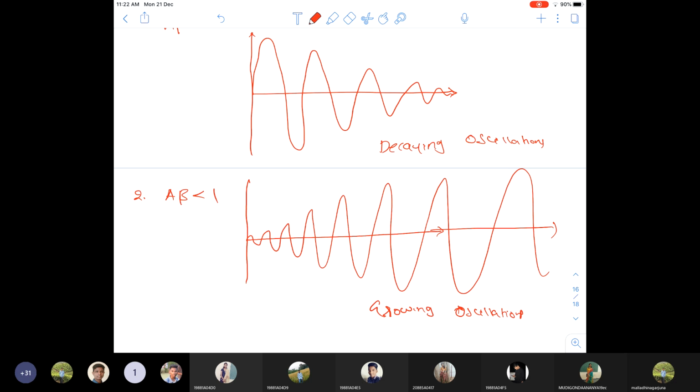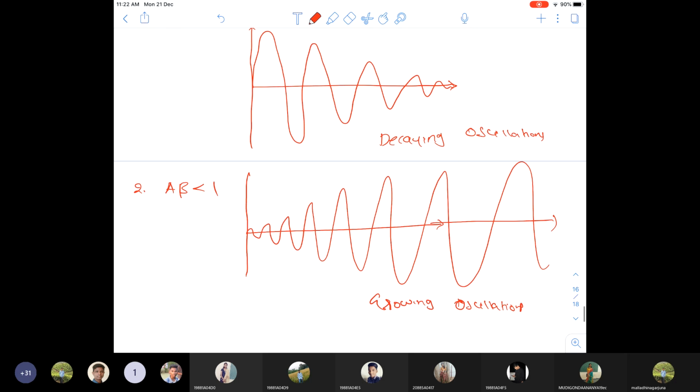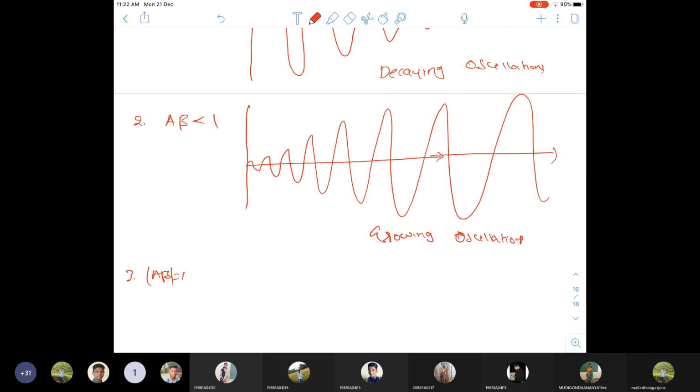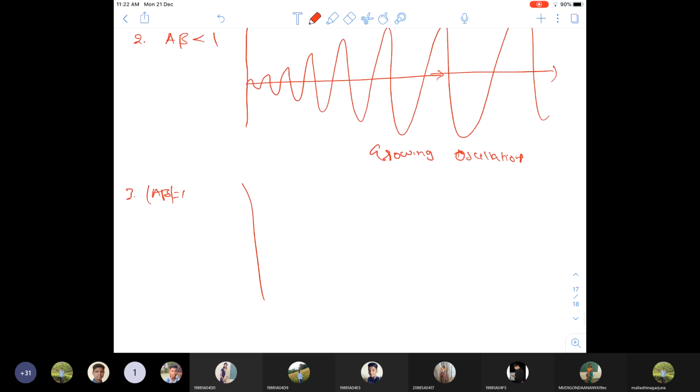Initially, the peak value is small for the first cycle, and it will increase for the second cycle, third cycle, fourth cycle. It will increase like that. The third case is if A beta is equal to 1. This is what we actually require for sustained oscillations.